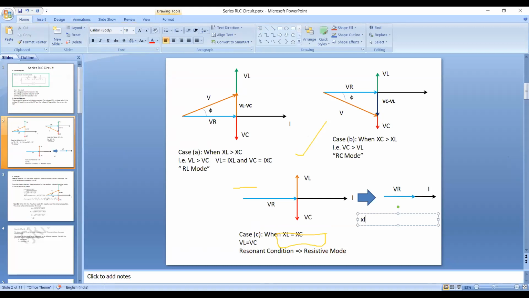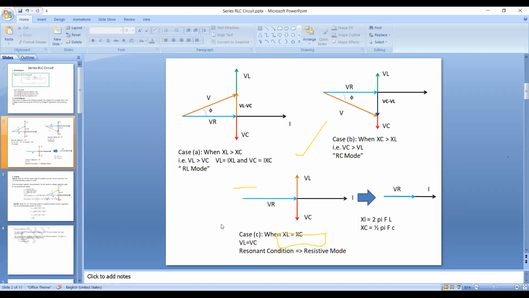XL is equal to 2 pi F L, and similarly XC is equal to 1 divided by 2 pi F C. As you start increasing the frequency from 0, initially you will find that XL starts increasing and XC starts decreasing, because XC is inversely proportional to F. As you go on increasing the frequency, at one particular frequency, which is called the resonant frequency, the cancellation of XL and XC takes place. That happens when XL is equal to XC.